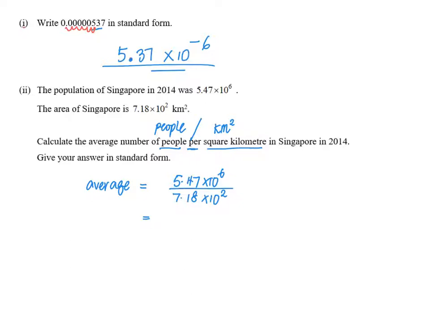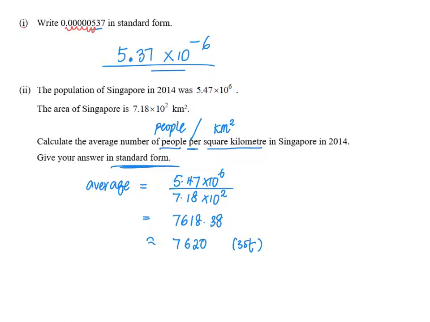So let's calculate the answer first. The number using the normal mode on my calculator is 7618.38. I can round this off to 3 sig fig, so it will be 7620 in 3SF. But they want the answer in standard form, and this is a big number. I have to represent this as a number bigger than 1 but smaller than 10.